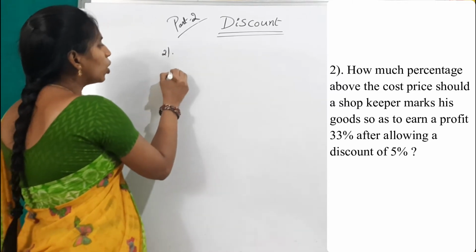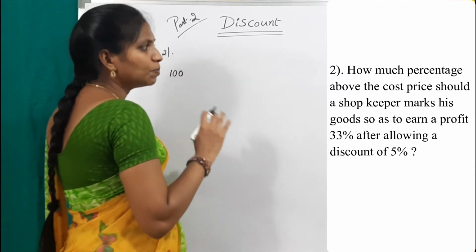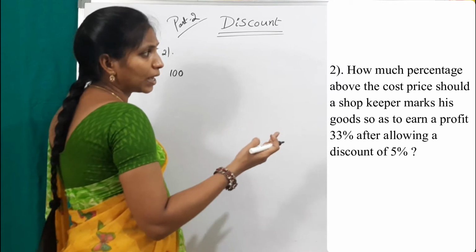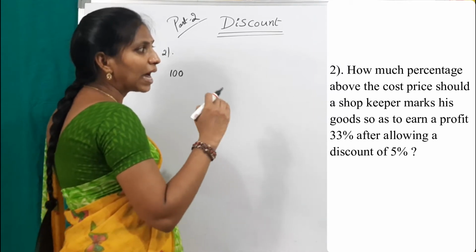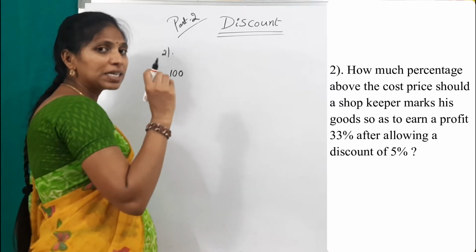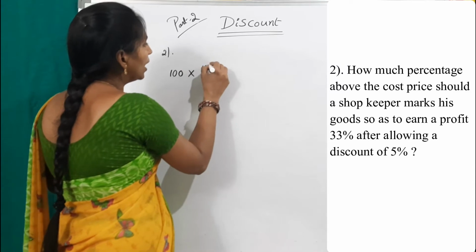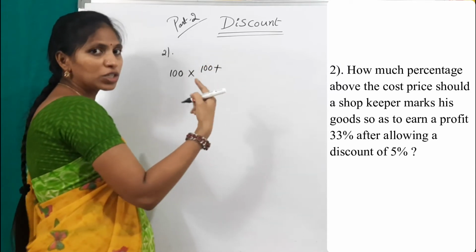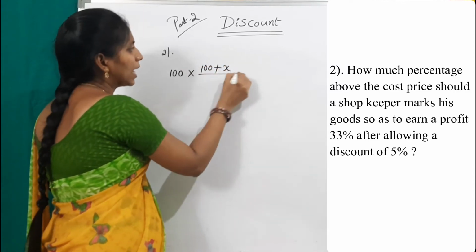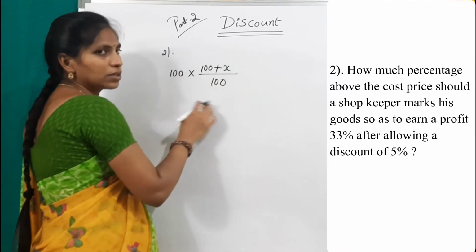Here simply take the cost price as 100. Here we don't know the percentage to get the marked price. So it is into 100 plus x by 100 to find the marked price.